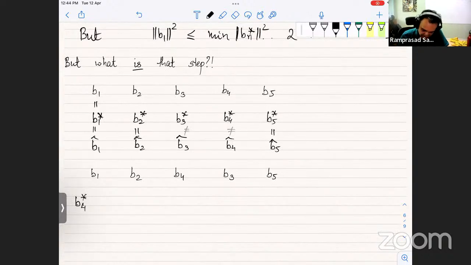Let me write down what B4 star is, and what property it satisfied. Let's just write down the equation so that we get familiar with this. This is going to be B4 minus mu 4,3 times B3 star minus mu 4,2 times B2 star minus mu 4,1 times B1 star.